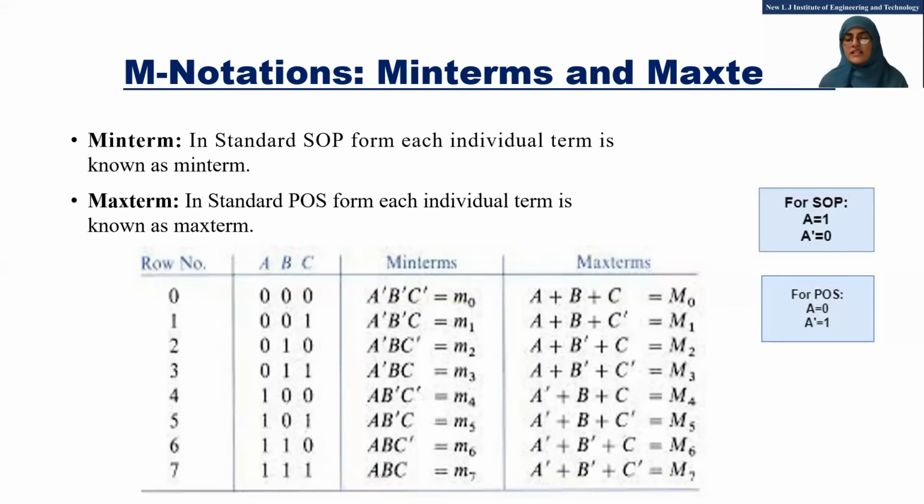And this max term is known as M0. Same for row number 1, 0 regarding input A will be A, 0 regarding input B will be B, and 1 regarding input C will be C prime. This term will be equal to M1. Min terms are denoted by small m subscript i, and max terms are denoted by capital M subscript i.